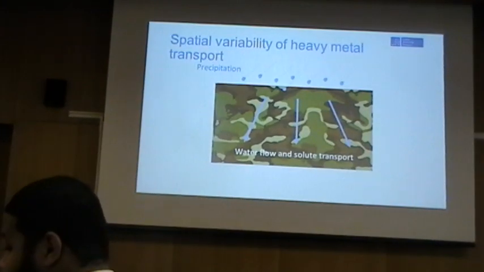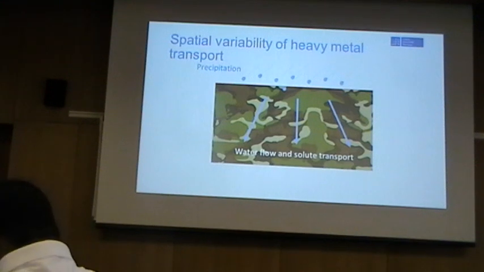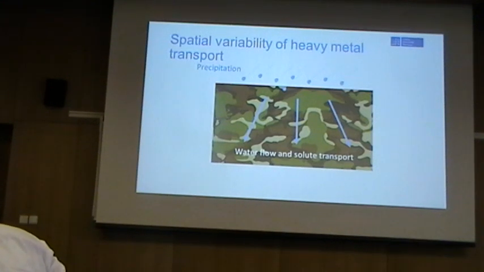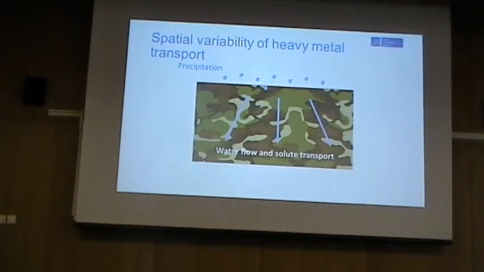But as you can see, the transport behavior is not described with a single value, but functional dependencies, which makes the upscaling from the point measurement to large scale problematic.